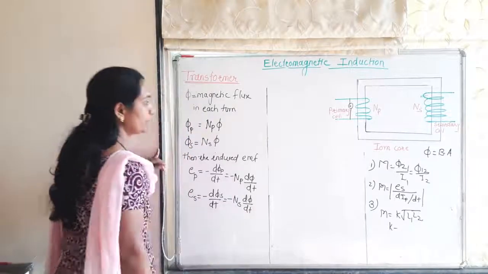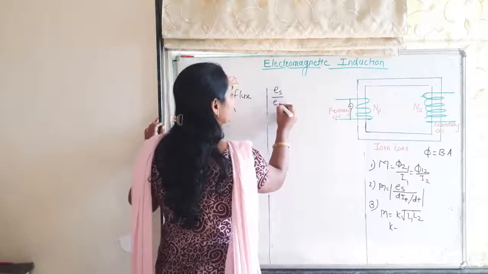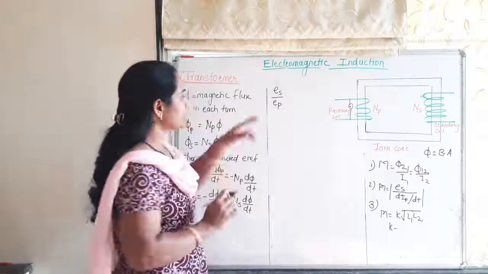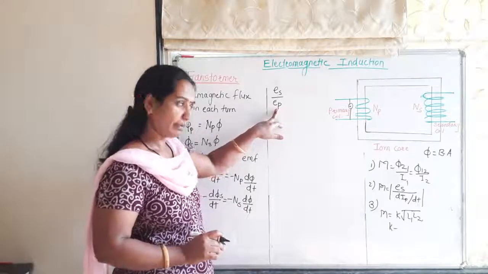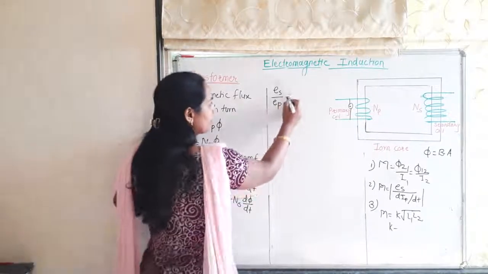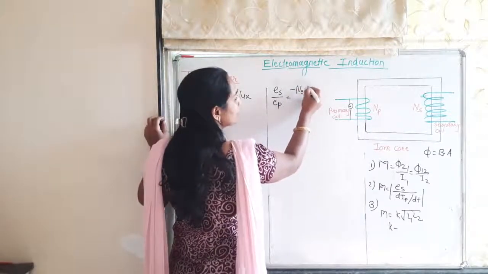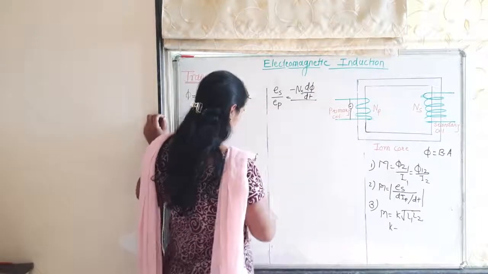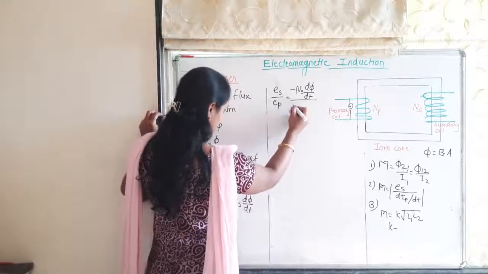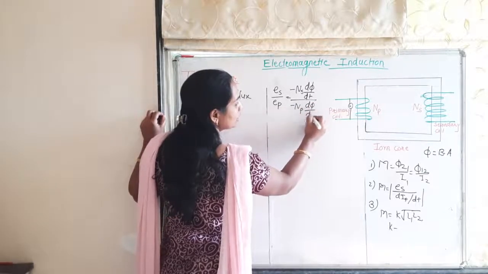Here we take the ratio of Es upon Ep, where Es means the induced EMF in the secondary coil upon the induced EMF in the primary coil. According to the formulas, Es is equal to minus Ns d phi upon dt, and Ep is equal to minus Np d phi upon dt.